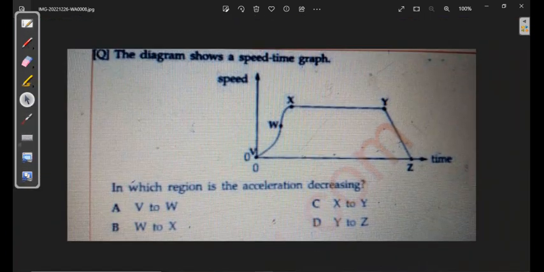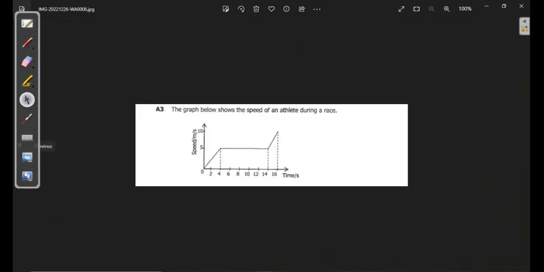Okay, so let's consider this one. The graph below shows the speed time graph of an athlete. The question was to find the total distance covered. To work out the total distance, we first need to find the area under this graph. I'll first work out this one up to this point because that's a trapezium. So the area is given by half (a plus b) multiplied by the height.